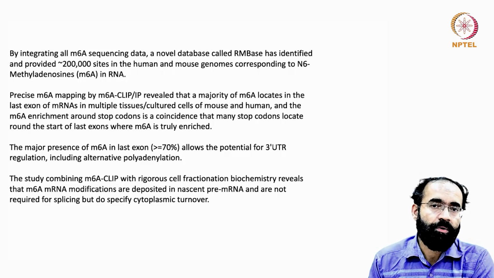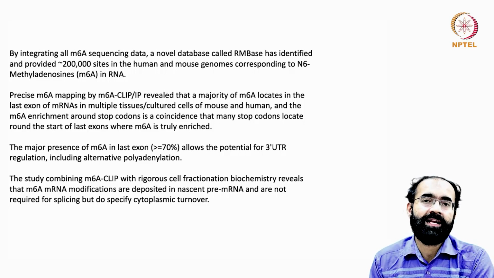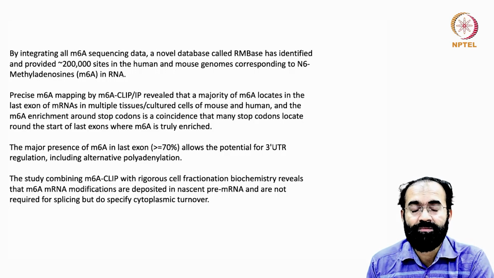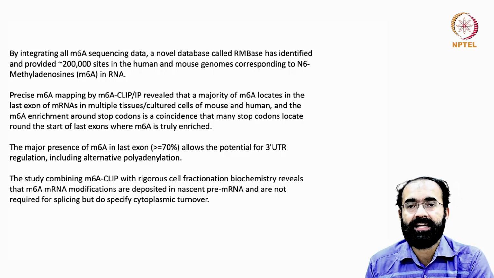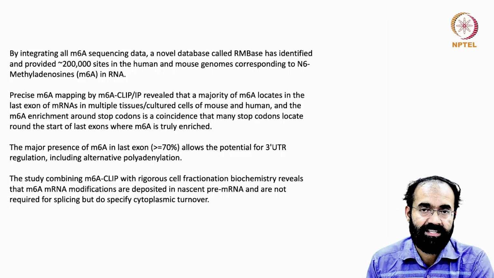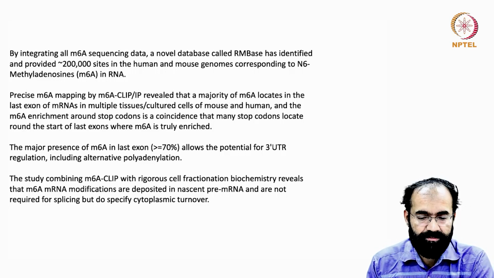Alternative polyadenylation, we kind of discussed, means that a given mRNA can have multiple polyadenylation signals, and that will invite or exclude a microRNA binding site. It can also include or exclude a given secondary structure, and sometimes it can also facilitate alternative splicing.